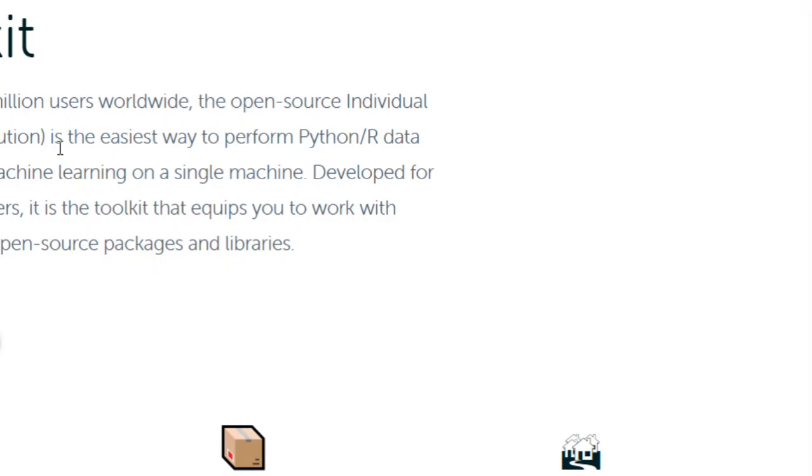So I think 90% of the work gets done by one person on a laptop in data science, and this is one of the best tools, and I'll show you how it looks after installation as well. And it's open source. This is open source and completely free of cost, so you don't have to spend a penny on this. Let's download.